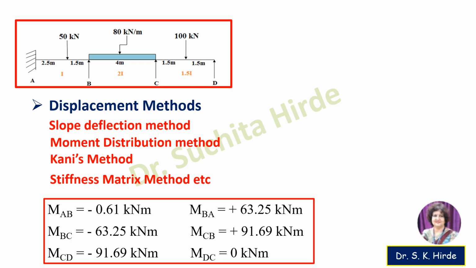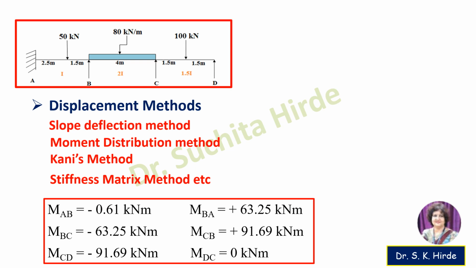For example, for member AB you will get MAB and MBA. What is the meaning of MAB? MAB means bending moment at A whose far end is B. Similarly, MBA means bending moment at B whose far end is A. So for each member we get two values in displacement method. So if there are three members we will get six values.